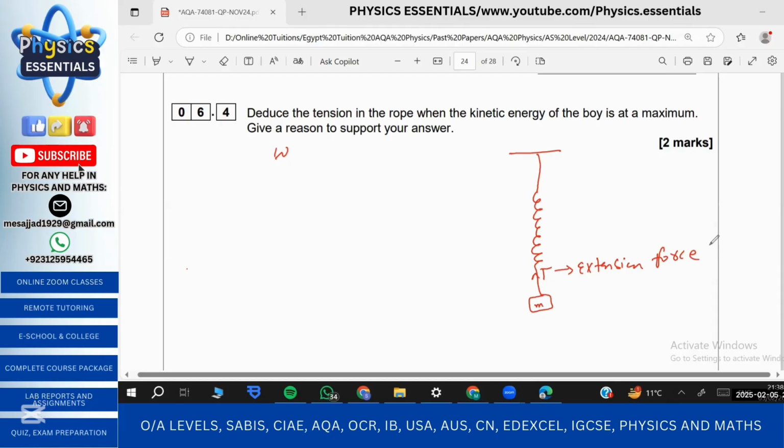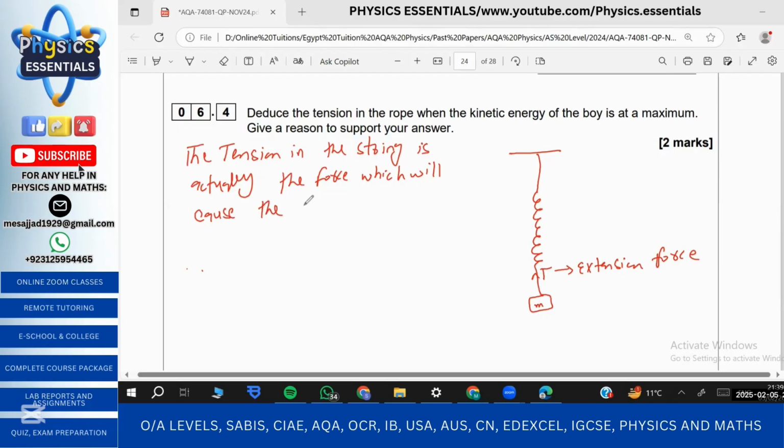So I will just write: the tension in the rope is actually the force which will cause the extension.